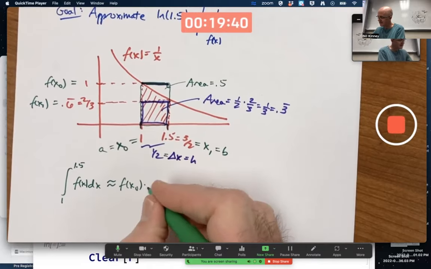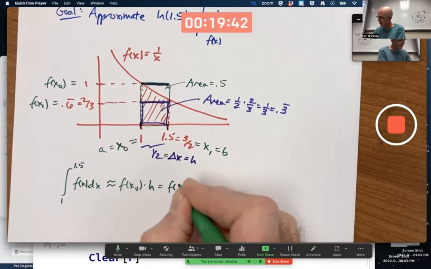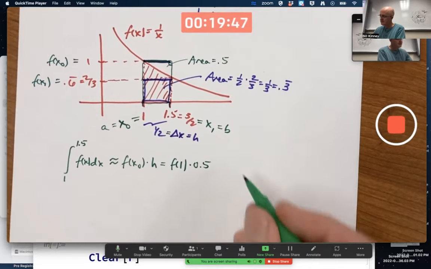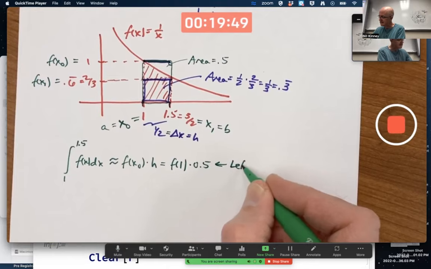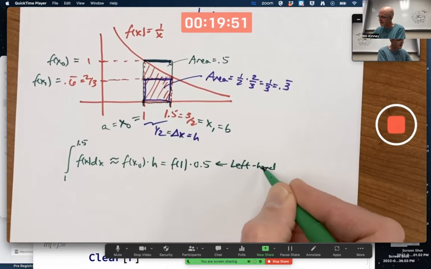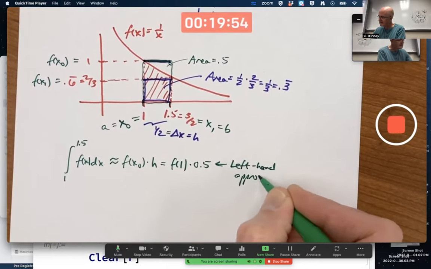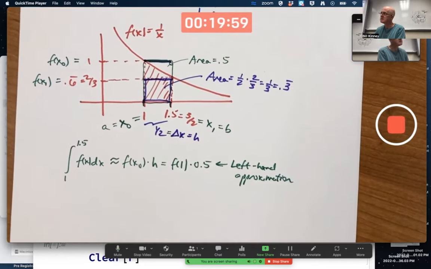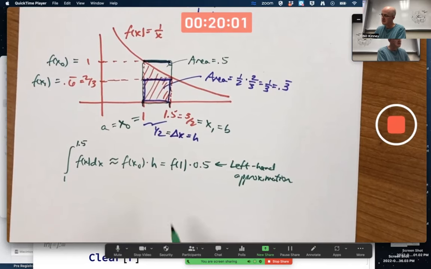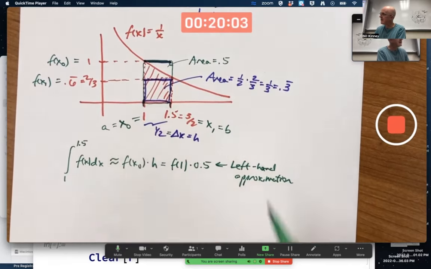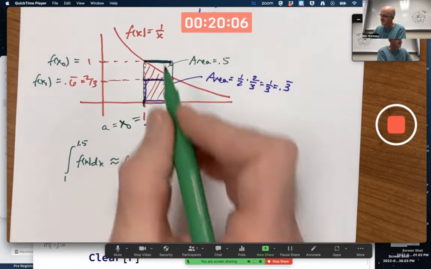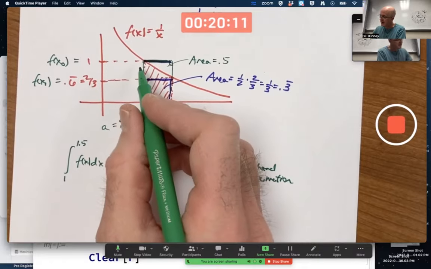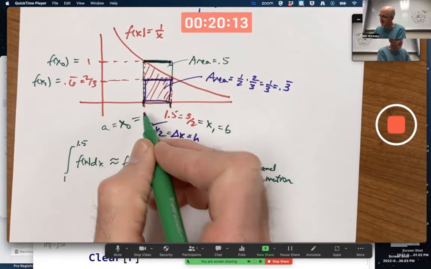This is f of x0 times h, which is f of 1 times 0.5. This would be a left-hand approximation. Why left-hand? Because I'm using the left endpoint of the interval, x0, to approximate the height of the graph, effectively. f of x0 is 1, the value of the red graph, 1/x, at the left endpoint of the interval.